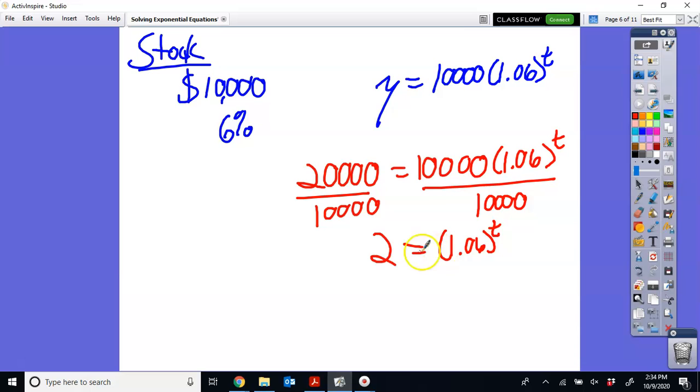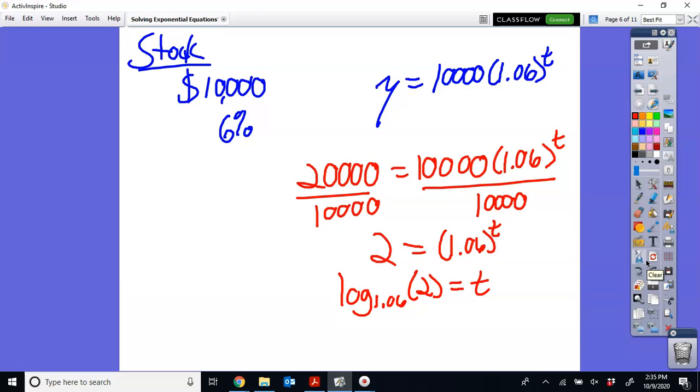We want to know when this base raised to this exponent is going to be equal to this number 2. That's what a logarithm gives me an answer for. Logarithm base 1.06 of 2 equals t. That's what a logarithm does. It says this base raised to this exponent is going to give me this number. So it helps me find an answer for a missing exponent.